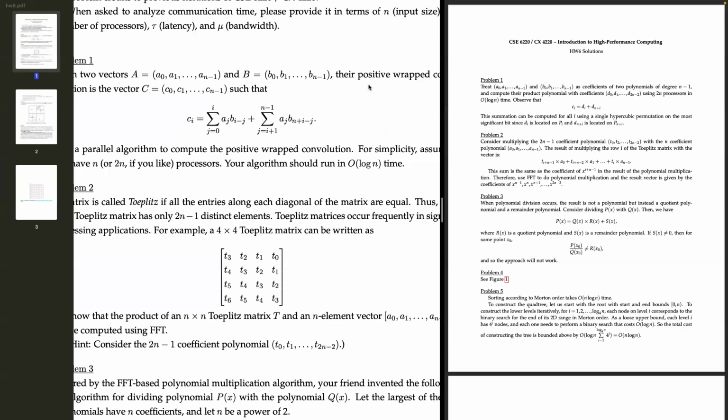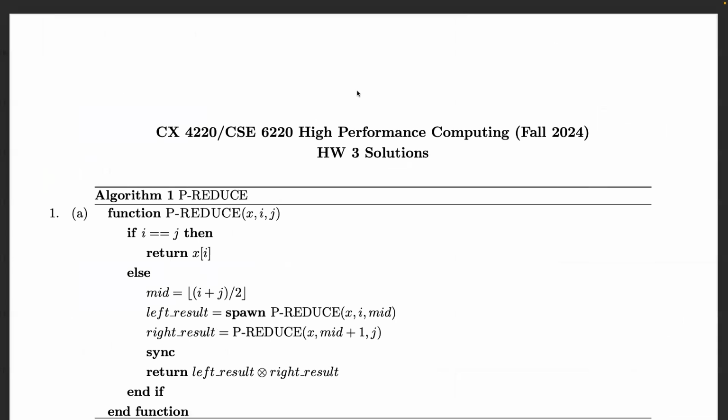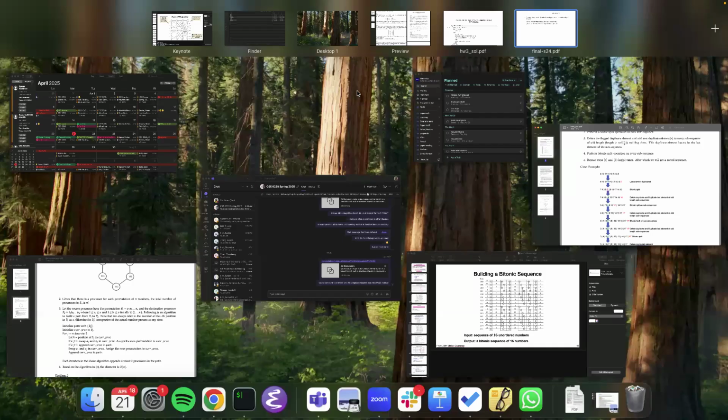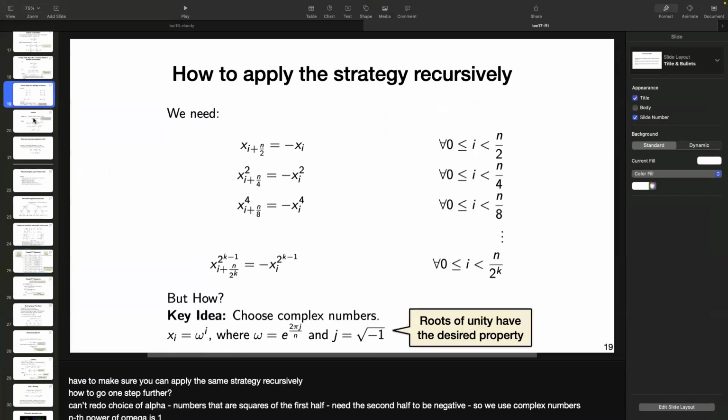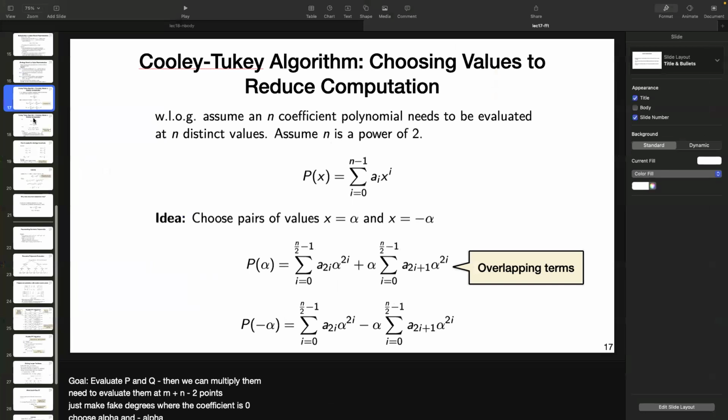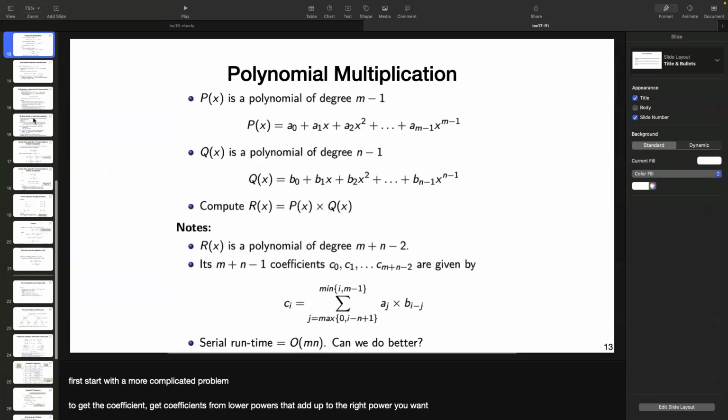If we look at this line, you get the coefficients of everything on the bottom, which is the thing that we want to compute on the left, a sub j times b sub I minus j.